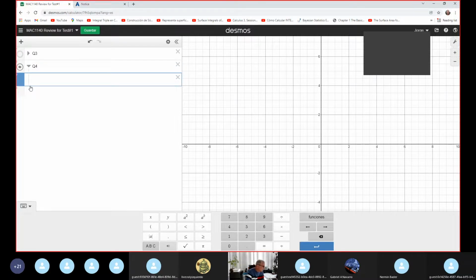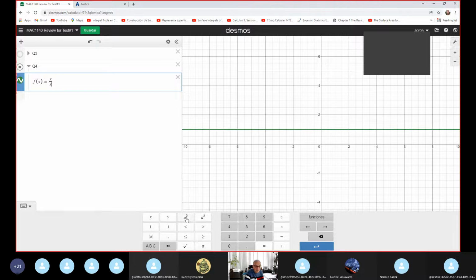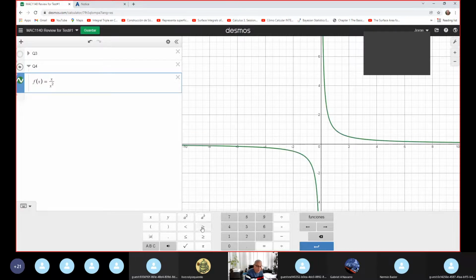Enter. You put the function, but like this. Look, let me show you. Instead of y, you put f of x equal, and you copy that: x over x squared minus 16. You don't necessarily need parentheses, because automatically you put x squared minus 16.